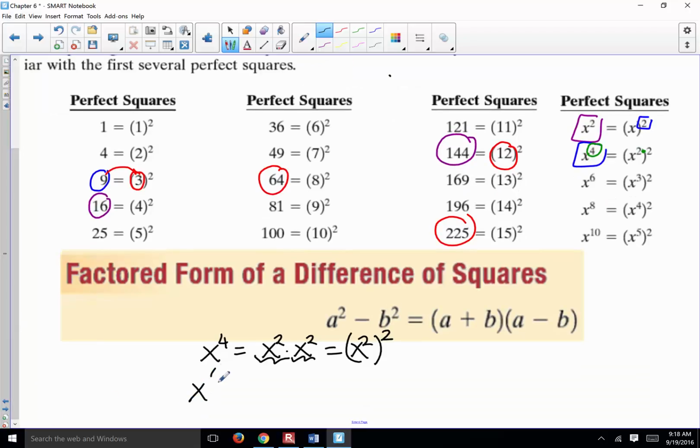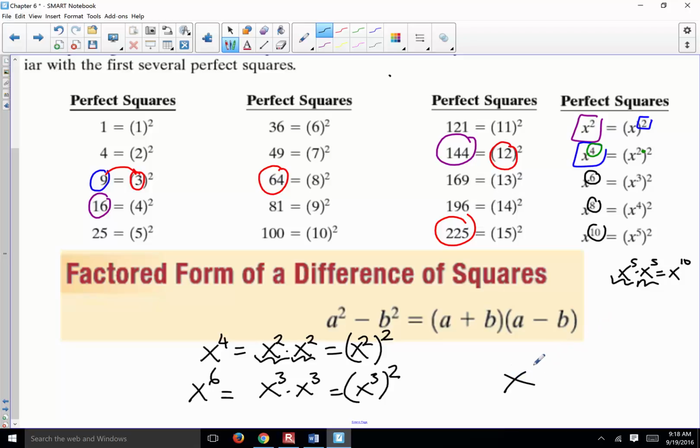Same way, x to the 6th can be doubled as x cubed times x cubed. 3 plus 3 is 6, right? So we have x cubed squared. Any even power is actually a perfect square. x to the 10th is x to the 5th squared, because x to the 5th times x to the 5th, right, is x to the 10th. Double. Same, once, twice.